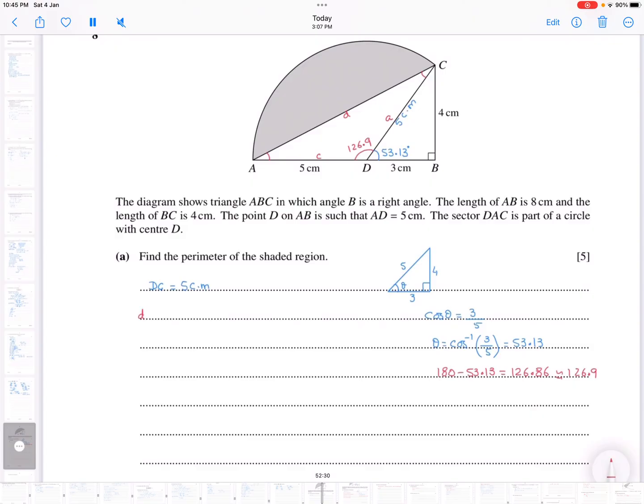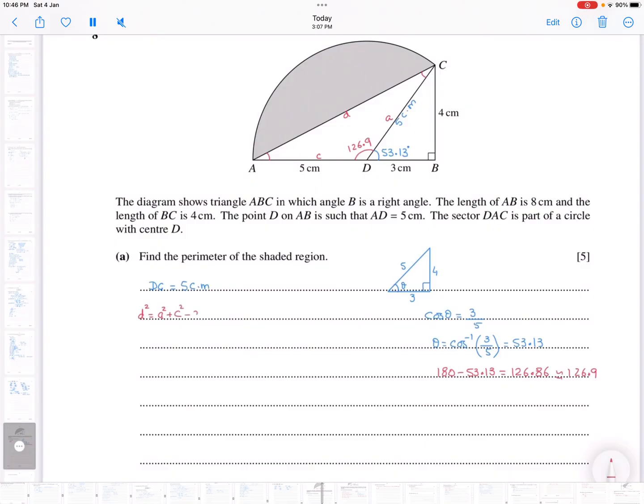Included angle triangles are those in which the lengths of the arms of the known angle are given. Like my known angle was 126.9 and the lengths of its arms were DC and AD, and both were known. So this is purely an included angle triangle. So cosine rule will help me to find the length AC.